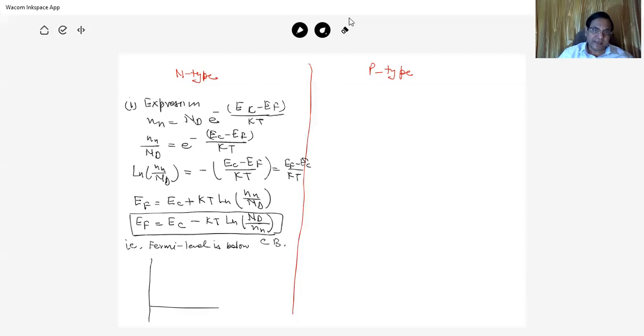And we can draw this case. Suppose this is the valence band and this is the conduction band.